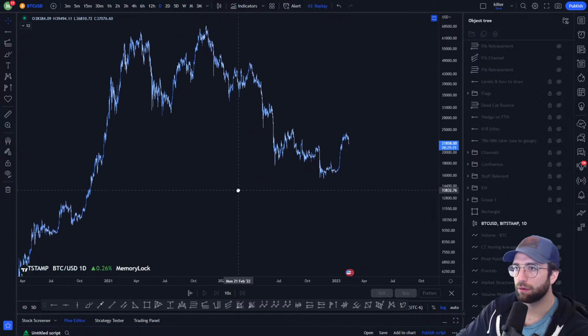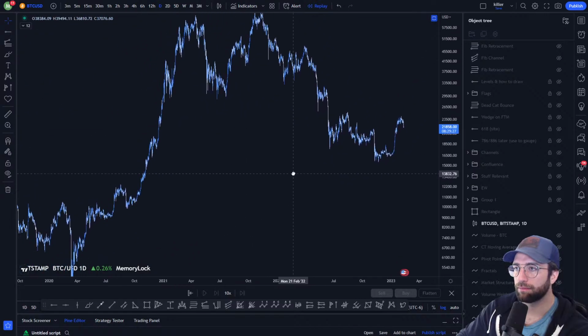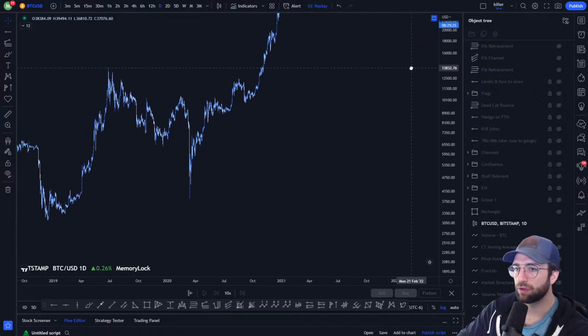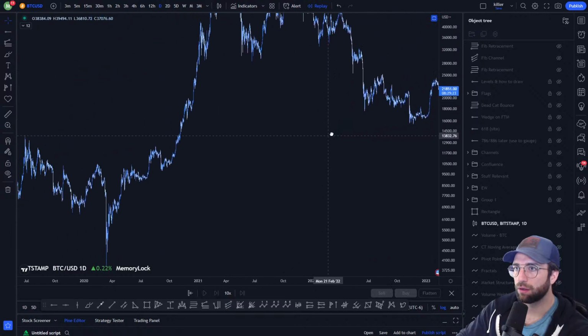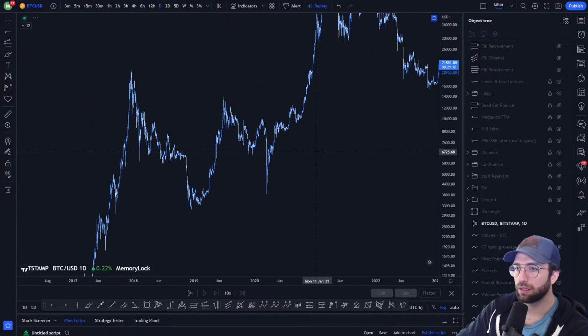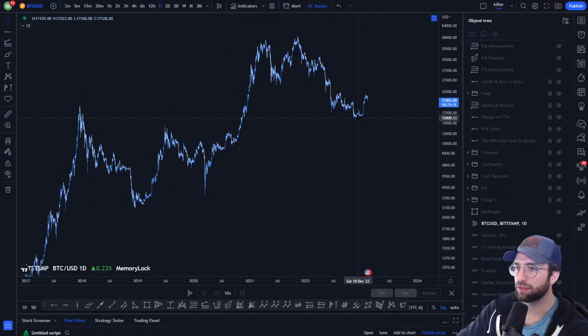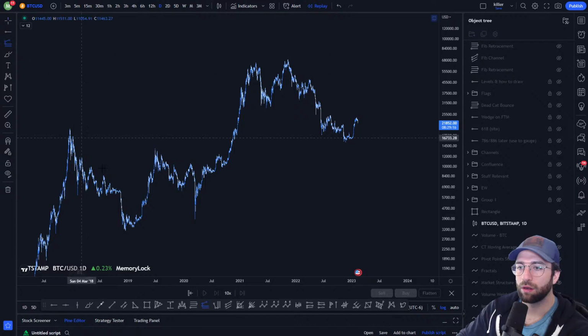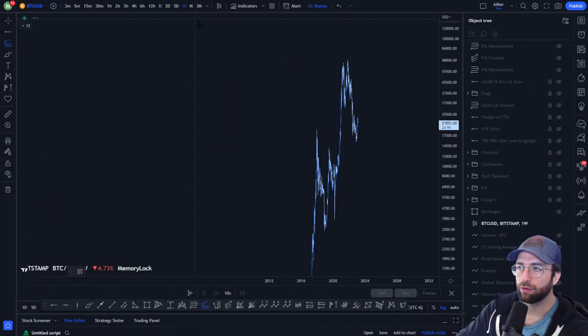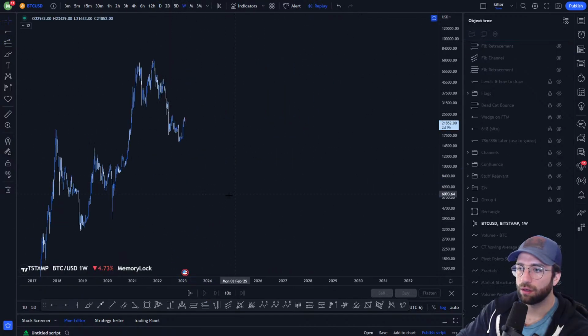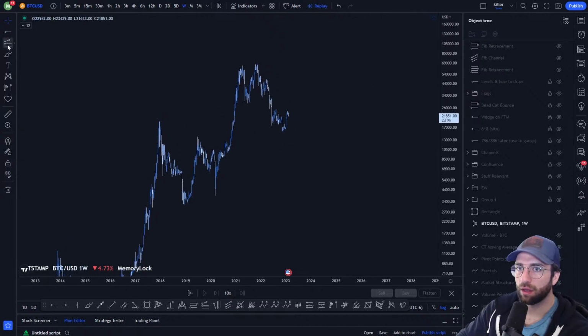I would compare, let's say, for example, this is the low. And we're going to go to a weekly chart. Let's say that is the low that's just been put in.